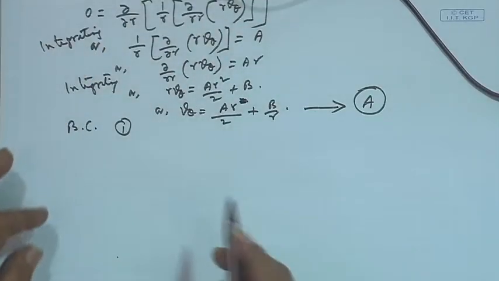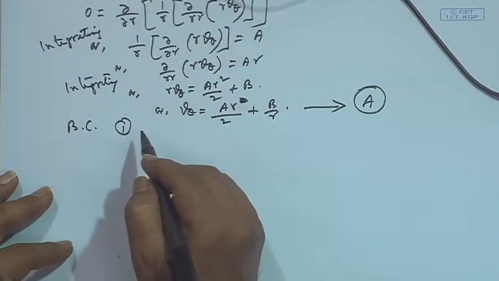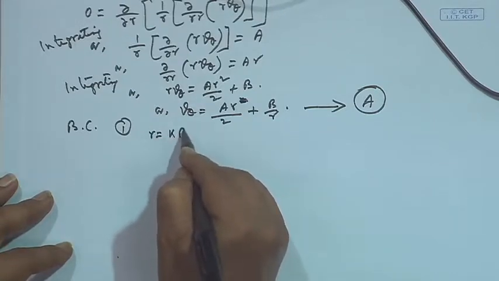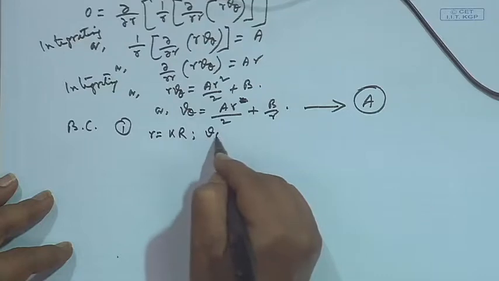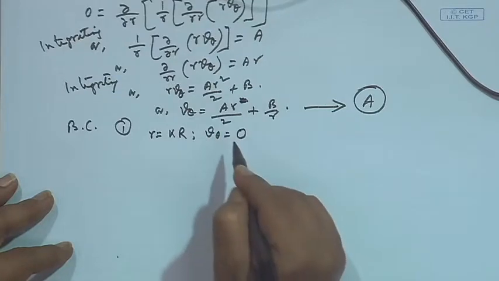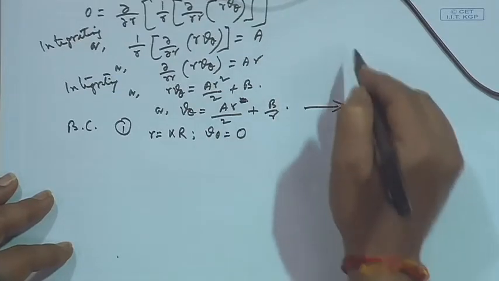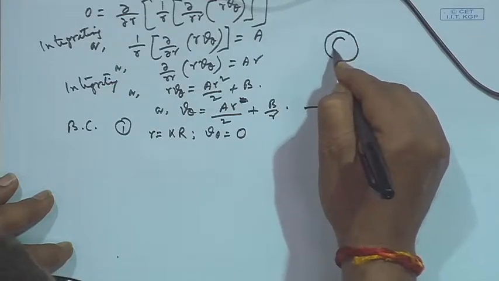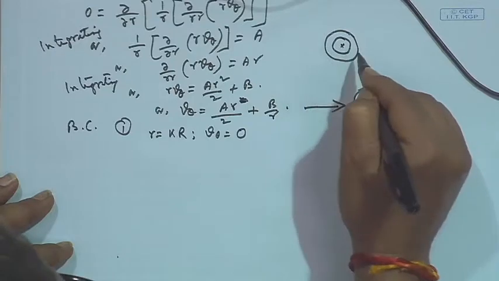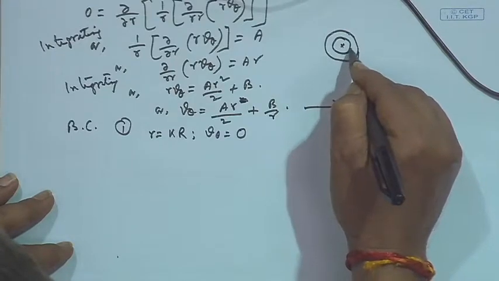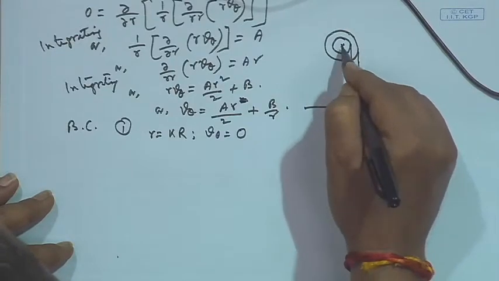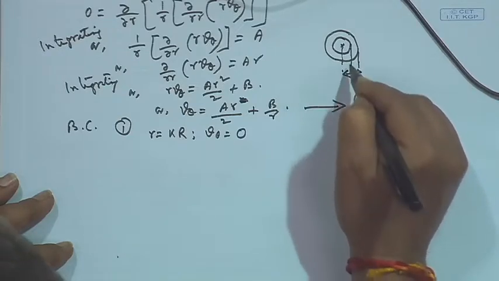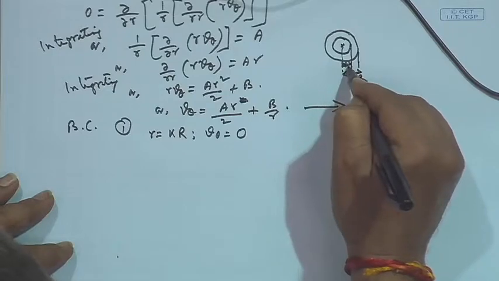What are those two different conditions? Boundary 1, at r is equal to kR, v theta is equal to 0, because this outer cylinder is fixed.